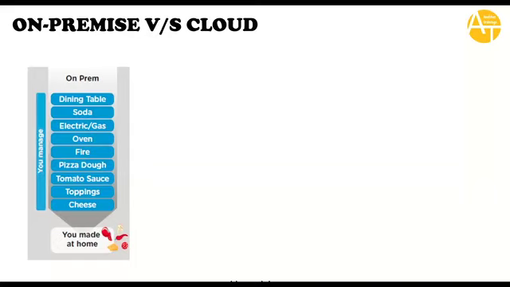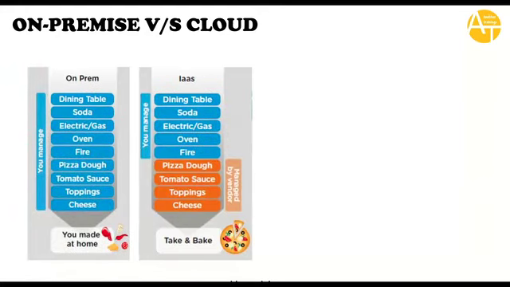Now, on the other side, let's say perhaps I don't have that much time and I'm truly hungry, I would want to get some part of this outsourced. So I will say, whatever infrastructure is required, which includes cheese, toppings, tomato sauce, and pizza dough, all of this I will outsource.